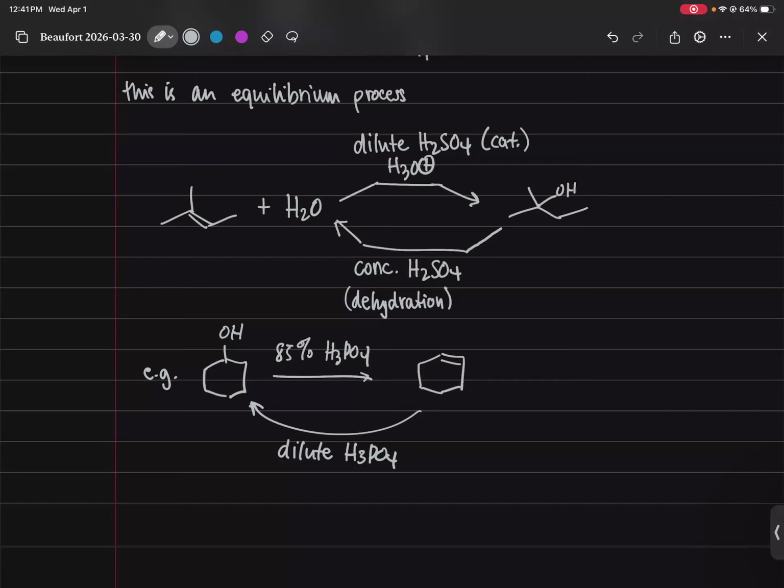Now, let's look at a mechanism for this reaction. So I'm going to write it as H3O plus because it's going to make it much easier to show movement of electrons and atoms just using that.